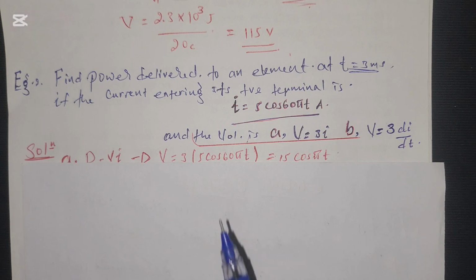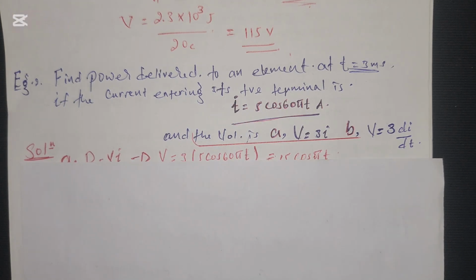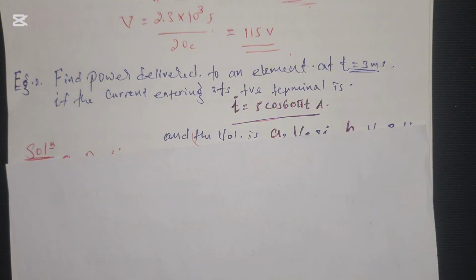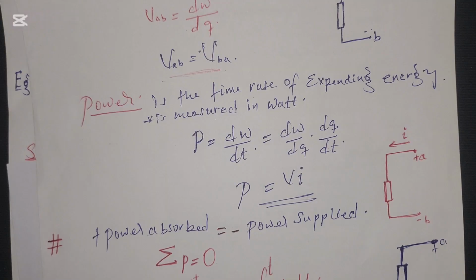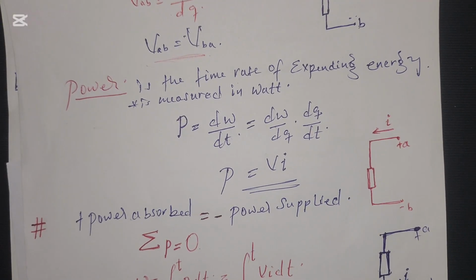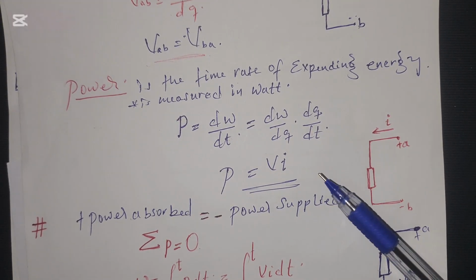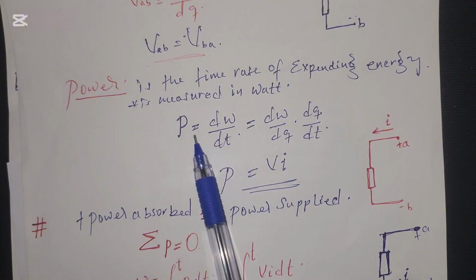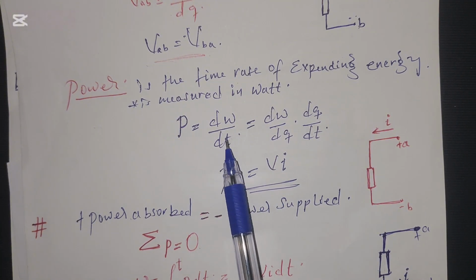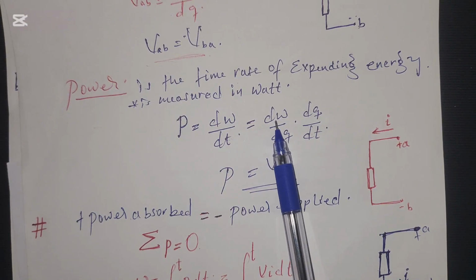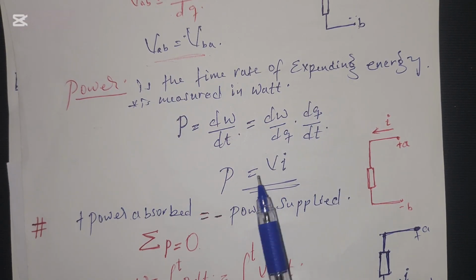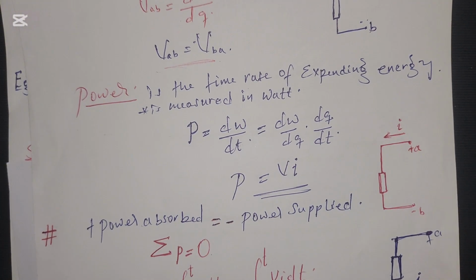In this question we are asked to calculate the power delivered. From the previous equation we have derived the formula to calculate the power. The power is simply dW over dt, which is dW over dq times dq over dt, which is equal to V times I. So remember this.